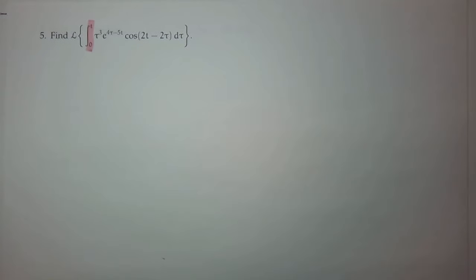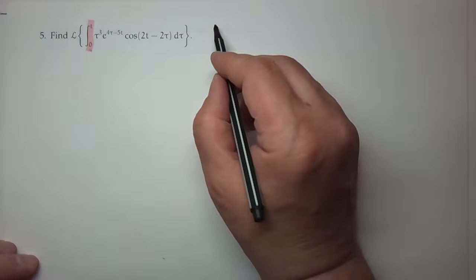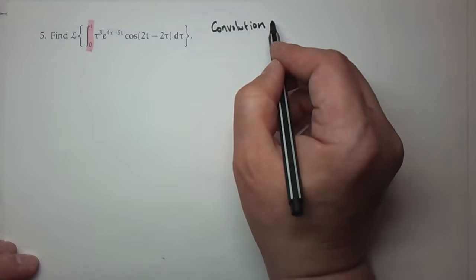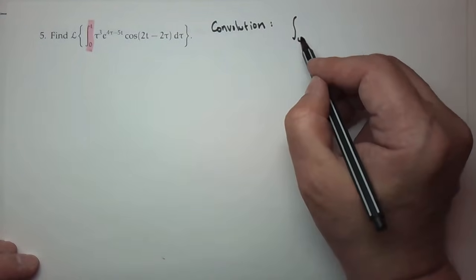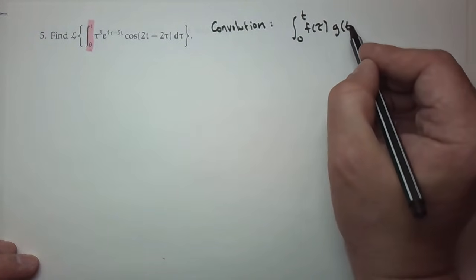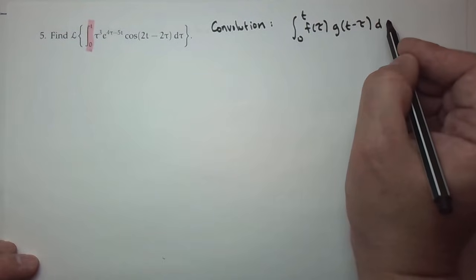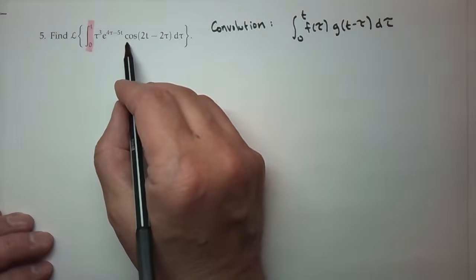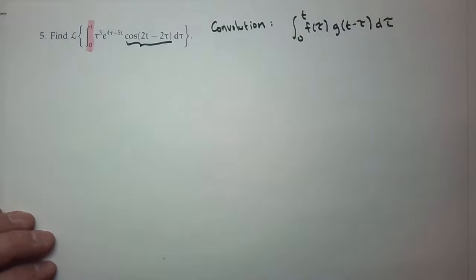So if we suspect convolution, then we start saying, what we want is the integral 0 to t, a function of tau and a function of t minus tau. So once we see convolutions on the menu, we say, what's our f and what's our g? Let's start with the cosine and just talk about that for a second.